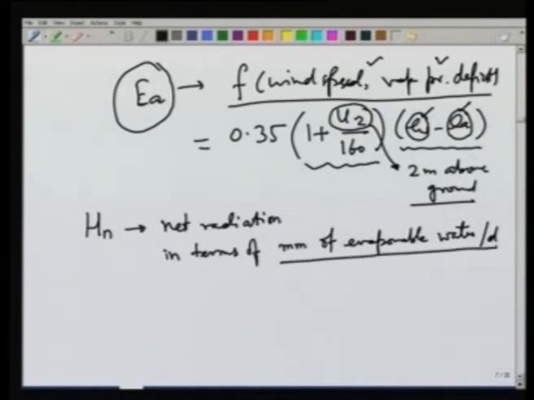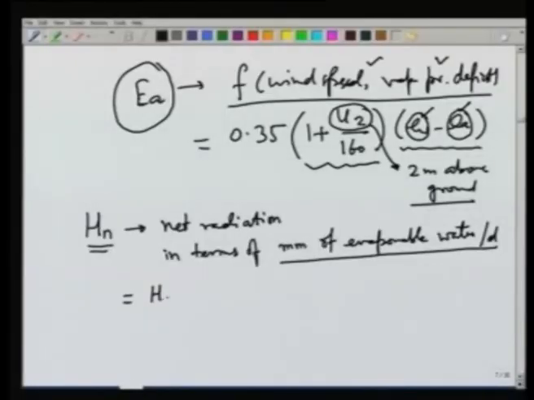So, millimeter of evaporable water per day, which means that if this is the net radiation, how much depth of water it will be able to evaporate in a day, and it can be related with an equation like this. R is the reflectance or the albedo, then we multiply it with a modification (A plus B n by N).